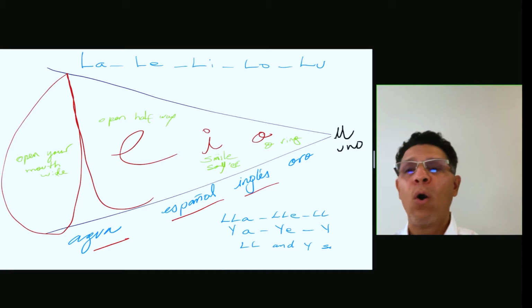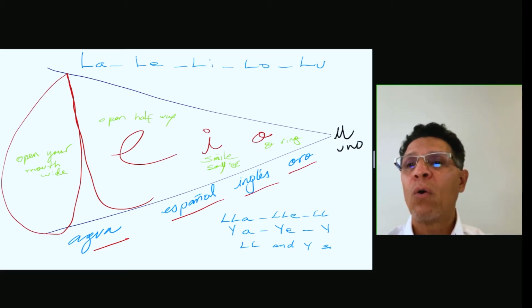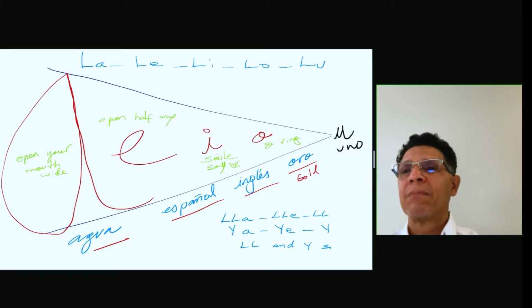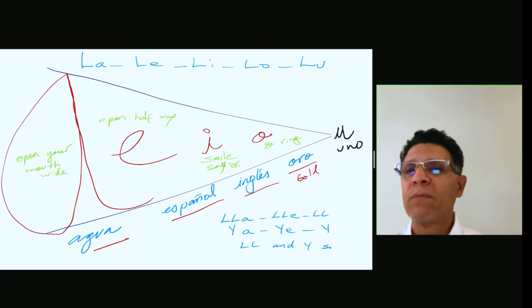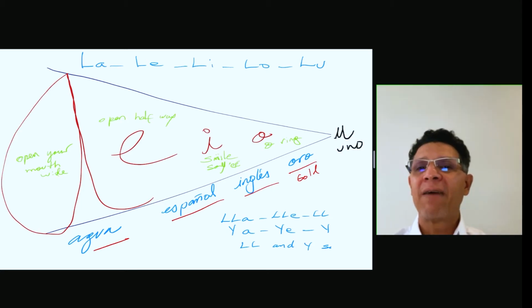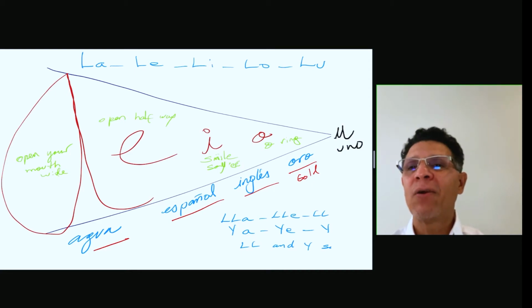O, as in the word gold, oro. And then the U sound is like a small O ring. O, U, as in uno. Okay, so we have A, agua, E, español, I, inglés, O, oro, U, uno.